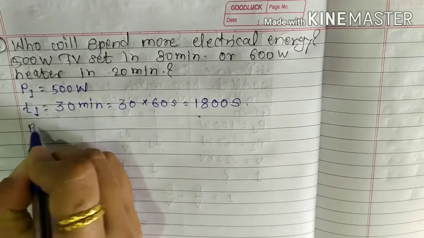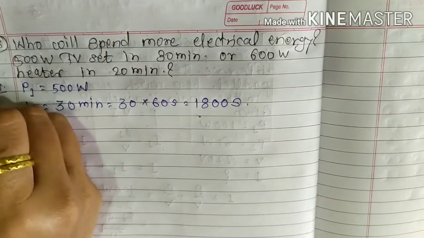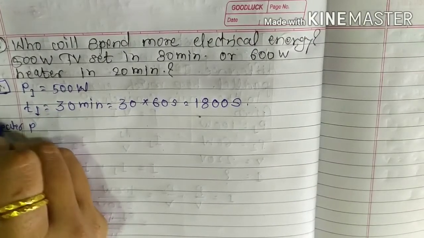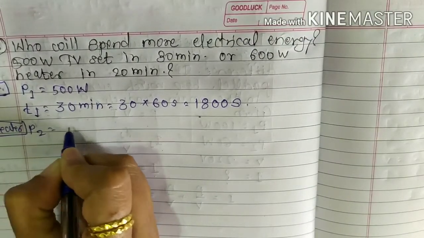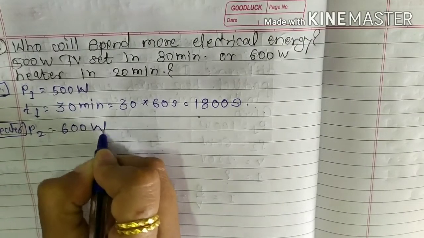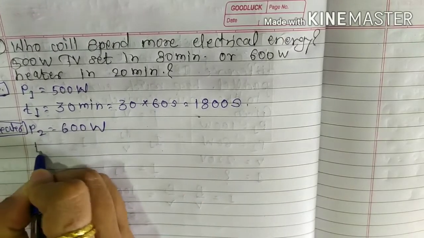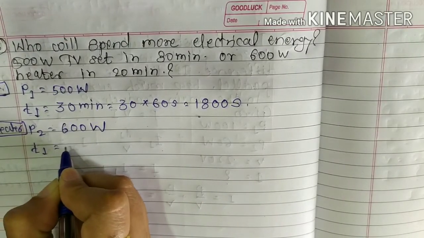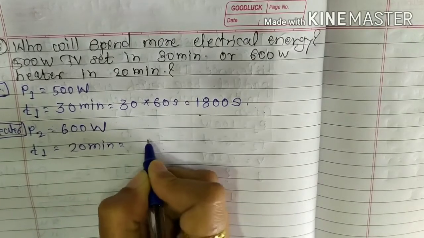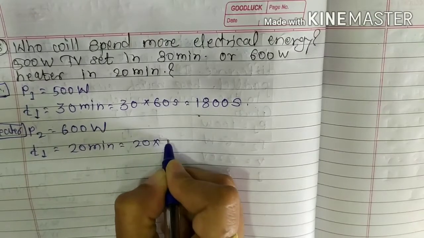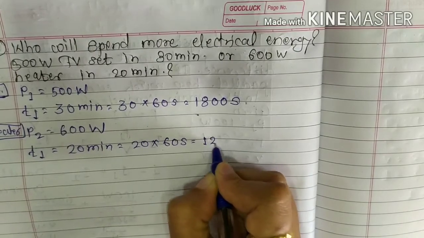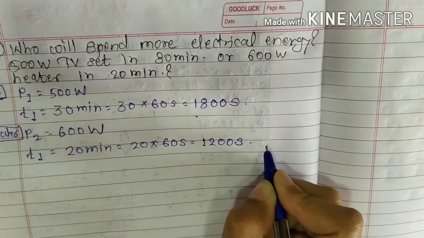Then information about the heater. P2 is equal to 600 watt, and this is for 20 minutes, again we are converting into seconds, 20 into 60 is equal to 1200 seconds.